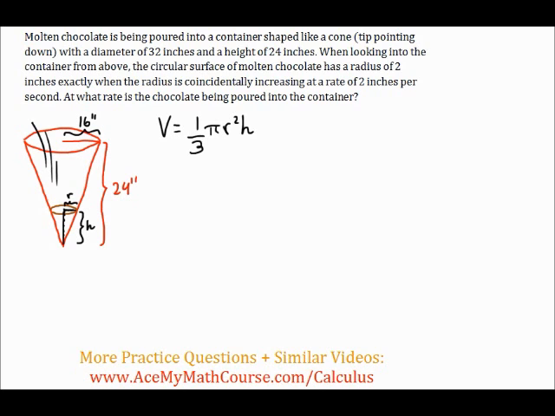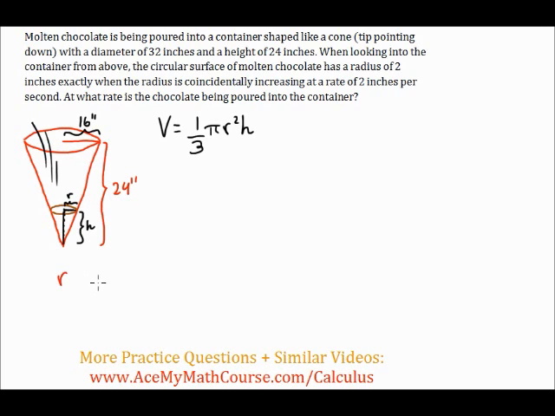And here we have another triangle. I'm going to draw it in a different color. We have this big triangle here, and this little triangle here. And using similar triangles, we can establish a relationship between the radius and the height, which would be very useful in this case.